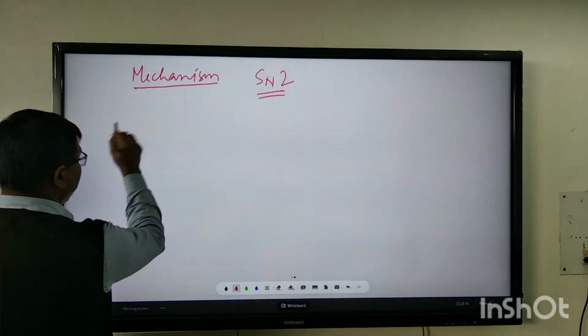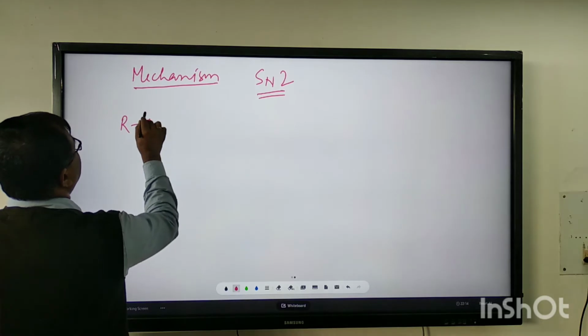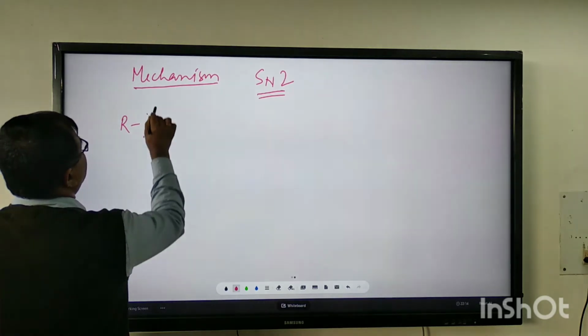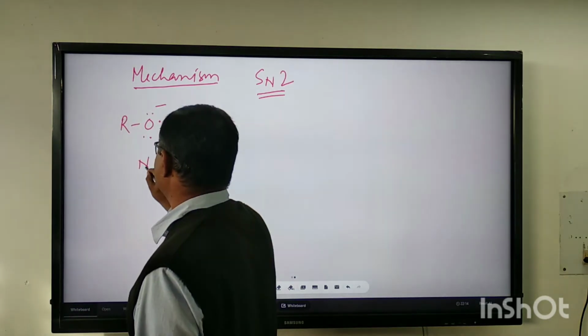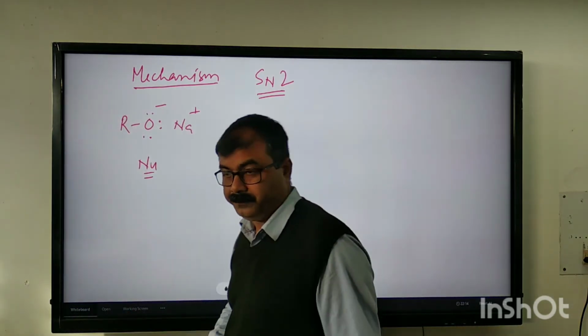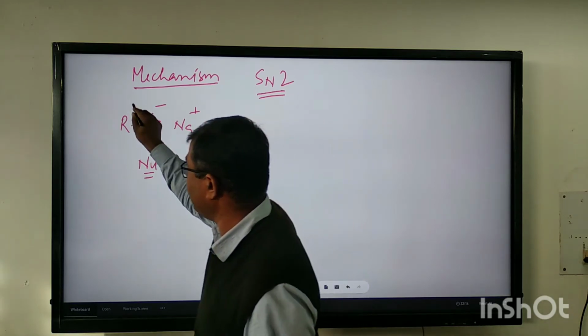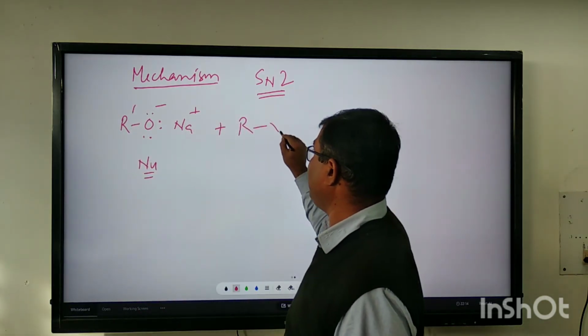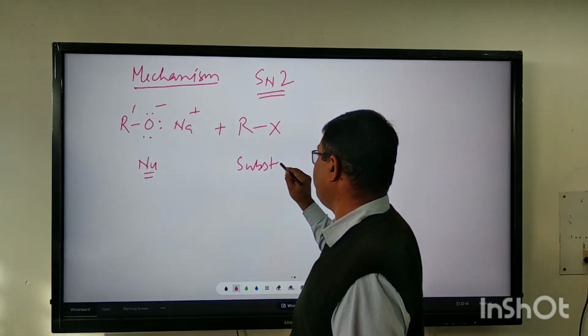Let me write the general reaction, that is sodium alkoxide, this is the nucleophile, and alkyl halide, that is you write RX, alkyl halide acts as substrate.